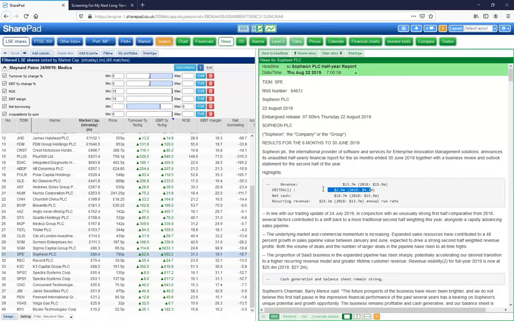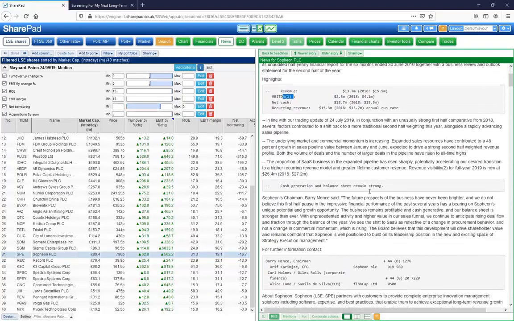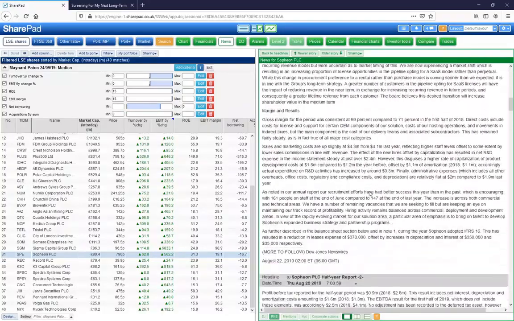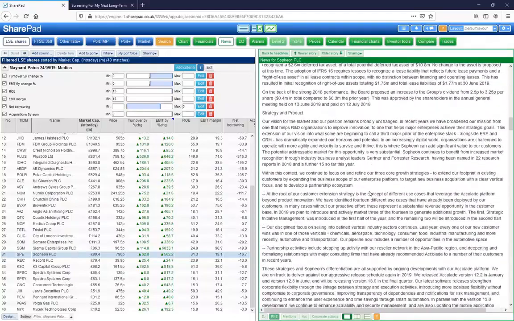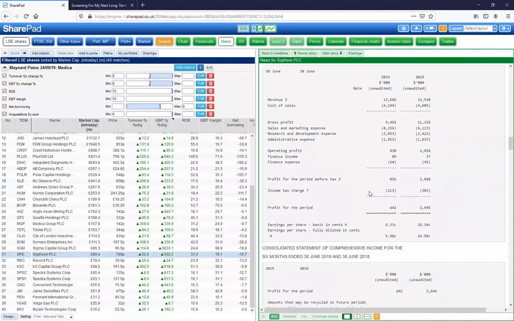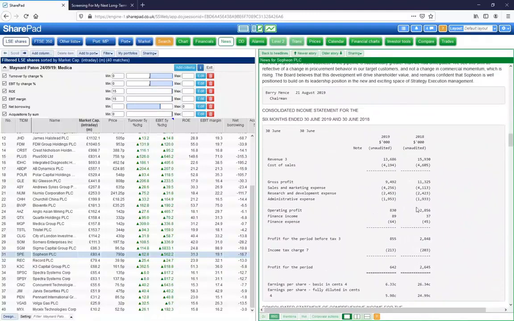They don't give a profit figure or earnings figure, they just give this EBITDA figure. So we need to scroll down and actually find what has gone on. We find that it was $2.8 million last year in the first half, and that's crashed down to 0.8. So profit has collapsed.